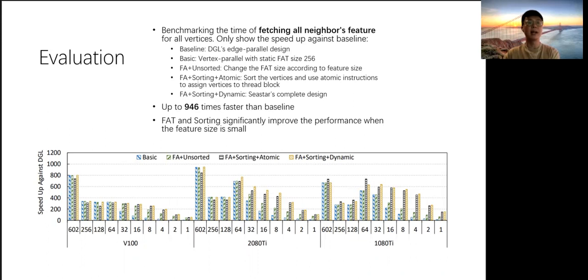We incrementally add FAT, sorting, and finally, we remove atomics. The result shows that Seastar is more than 900 times faster than baseline when the feature size is large. FAT and sorting can significantly improve the performance, especially when feature size is small.